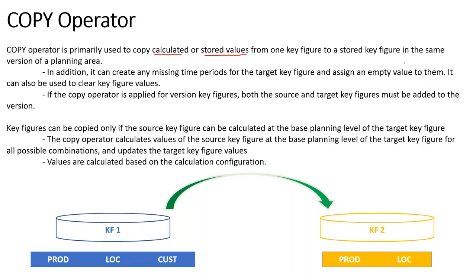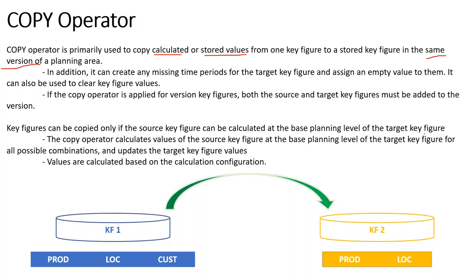Another highlight is that it has to be in the same version. If you remember, on Friday we were talking about versions, and we created some other version. If the key figure is getting calculated in that version and you run a copy operator that copies data from one version to another, it won't work.